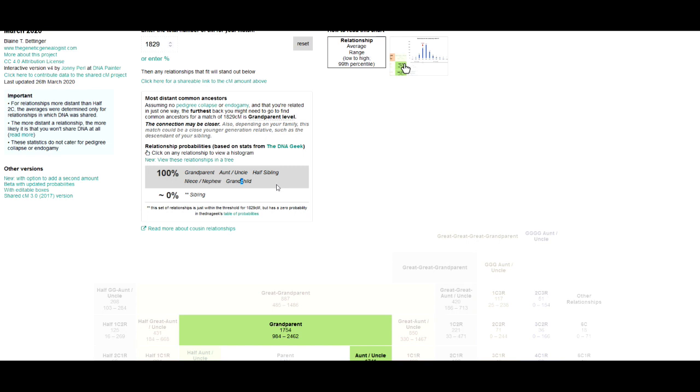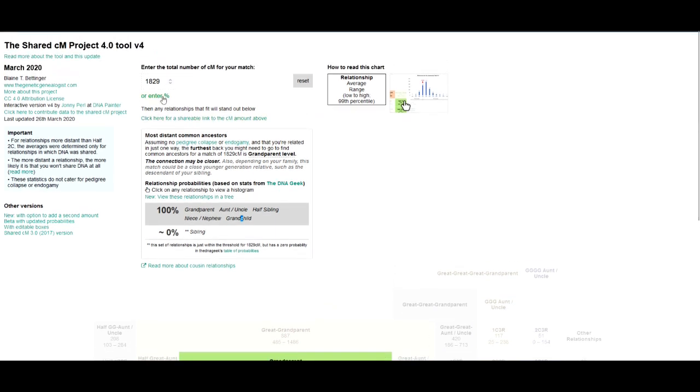They're the same. So let's see. I just want to make sure I have the correct number. Yeah, it was 1829, across 33 segments, 26%.